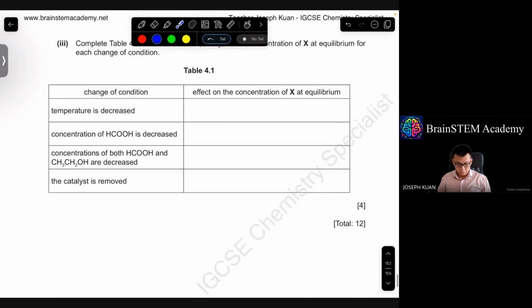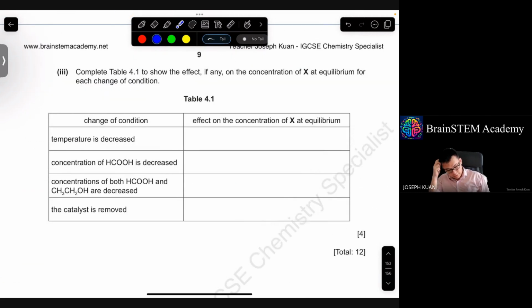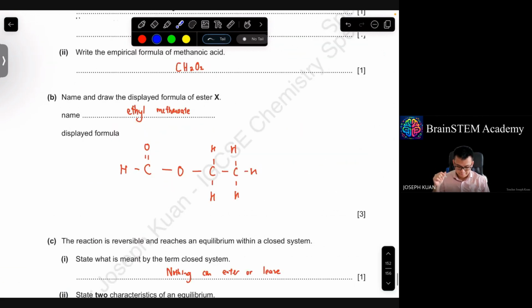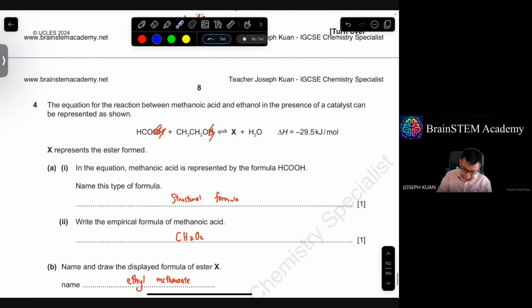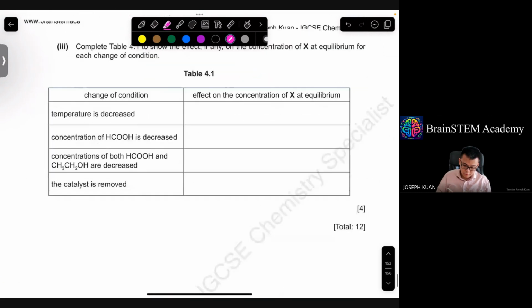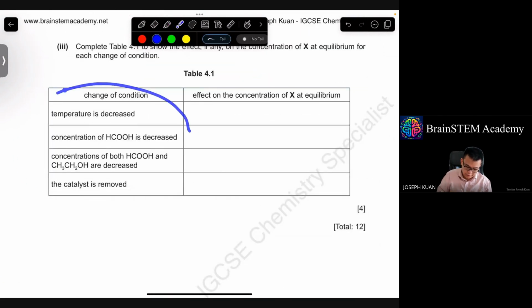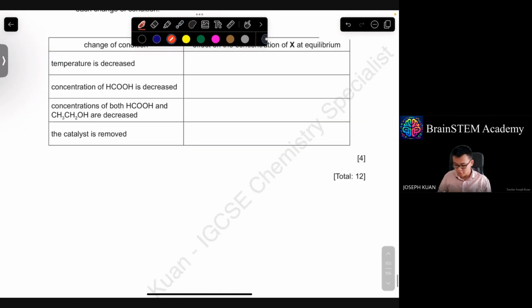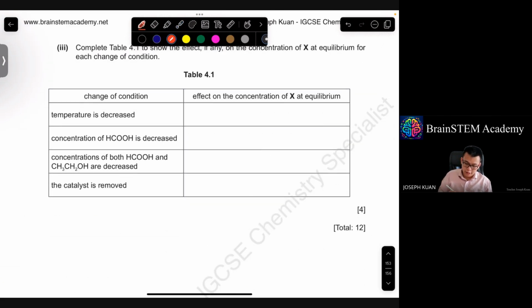Okay, let's move on. Complete the table to show the effect, if any, on the concentration of X at equilibrium for each change of condition. So, okay, first of all, we don't look at the equation first. We just try to analyze the change of condition. Temperature decrease means that it will favor the exothermic direction.